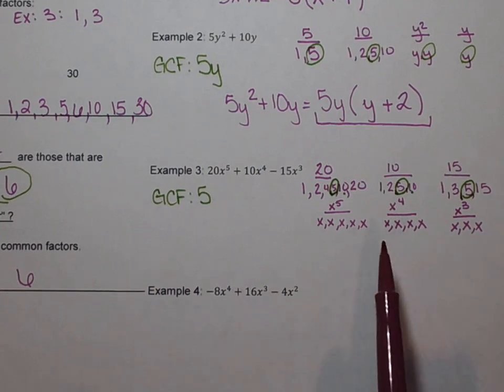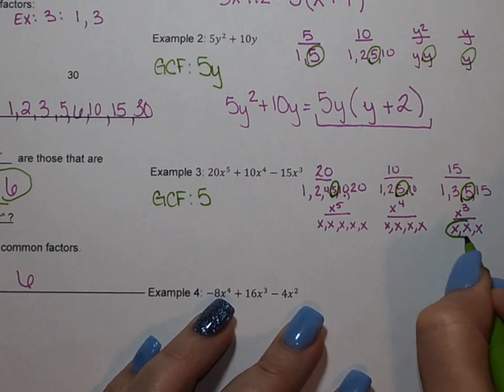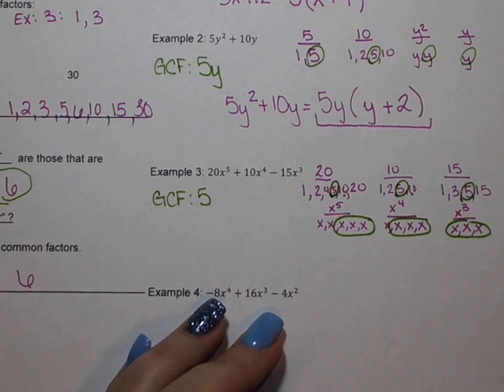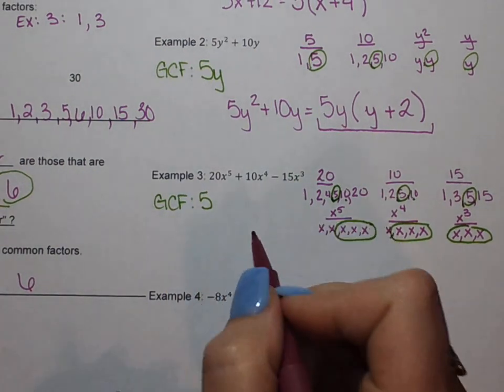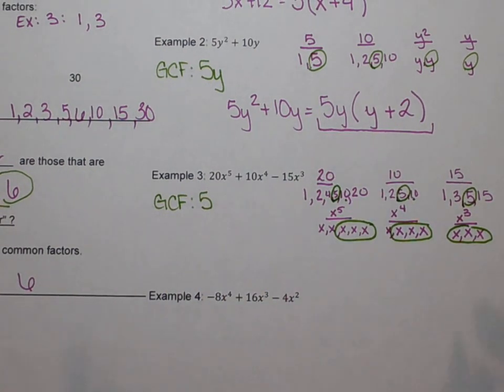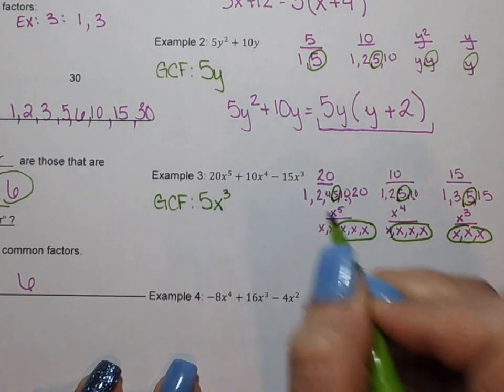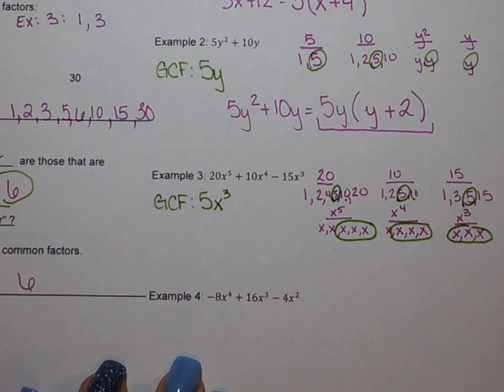So we want to look at these and figure out how many x's they share in common. Well, I've got 3 x's here, 3 x's there, and 3 x's there. So that tells me that I can factor out a GCF on these variables of x to the 3rd because they all share that in common.